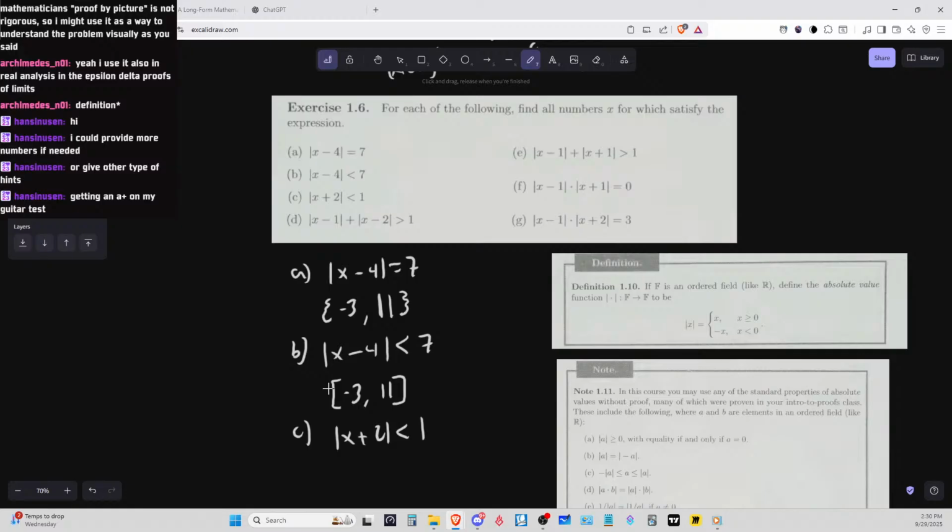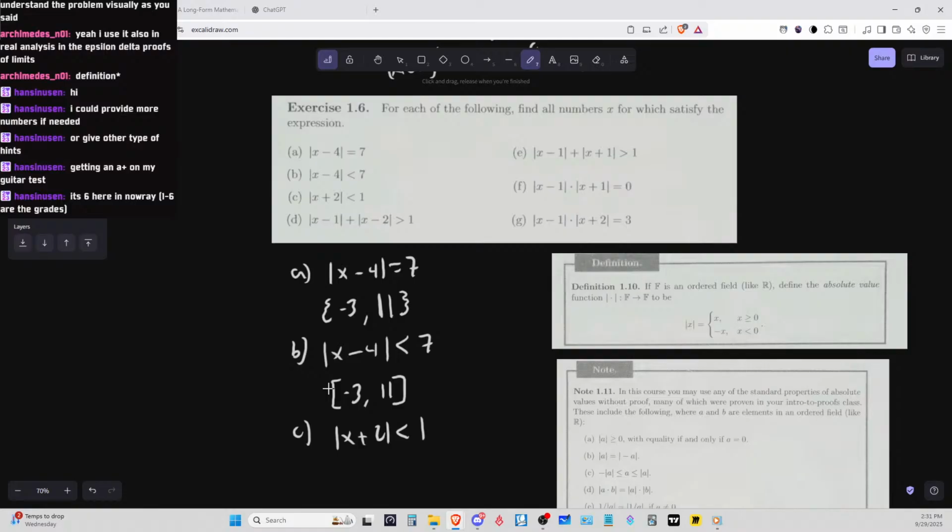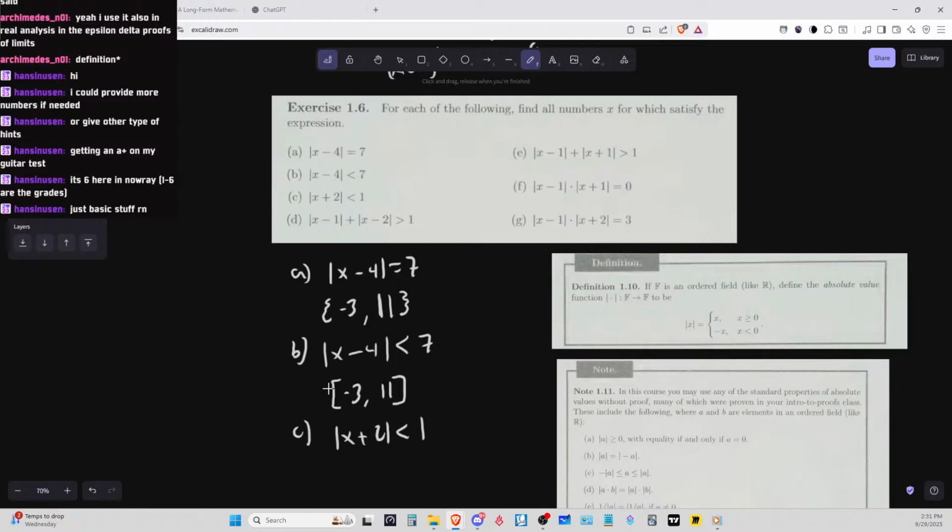Getting an A+ on my guitar test. Nice, that's good. I didn't know you knew how to play the guitar. What type of songs do you like to play on it? It's 6 here in Norway. 1 to 6 are the grades. Oh, okay, I see. Just basic right now. Oh, okay, that's good.